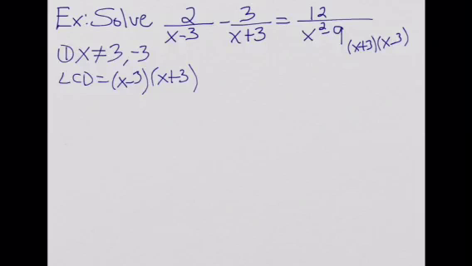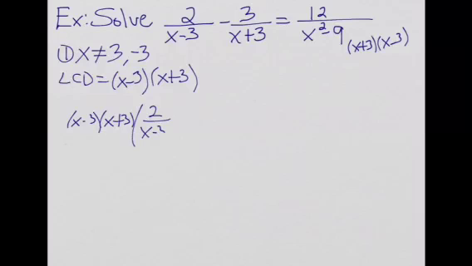So we wind up having x minus 3 times x plus 3 times 2 over x minus 3, minus x minus 3 times x plus 3 times 3 over x plus 3.